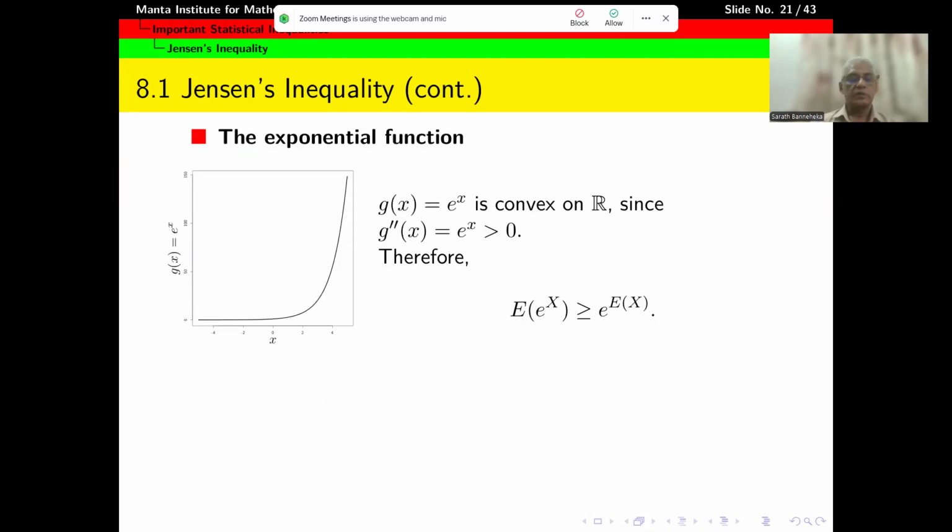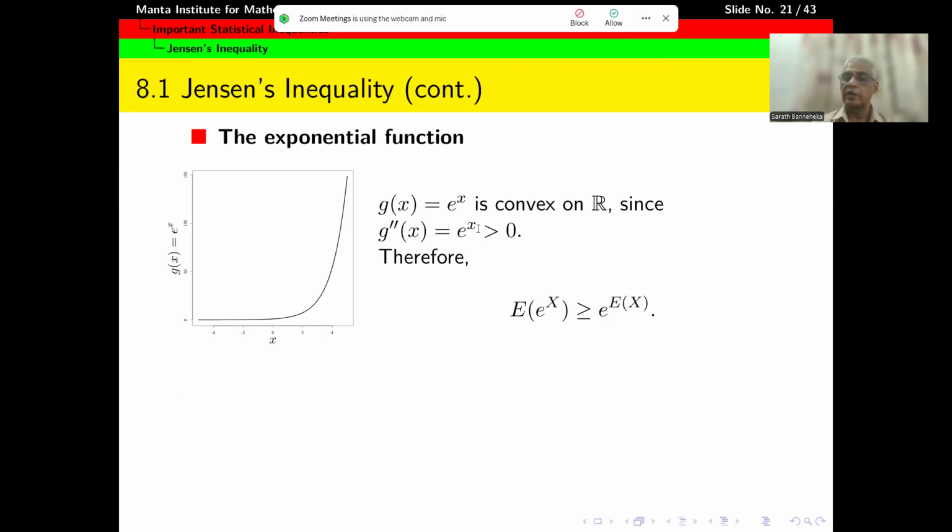Let's look at this convex function g(x) equal to e^x. Again, you can see that the second derivative is again e^x. It's always greater than 0 when x is any real number, unless x goes to negative infinity, then only it becomes 0.